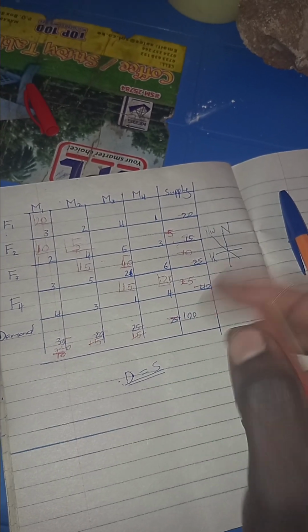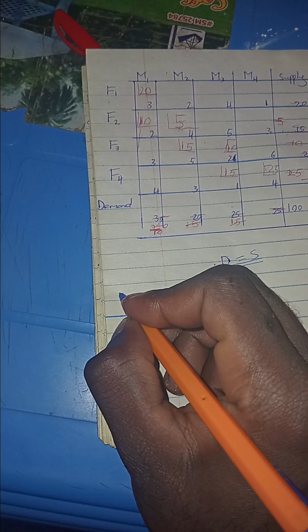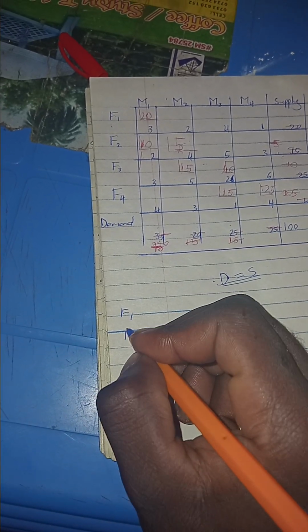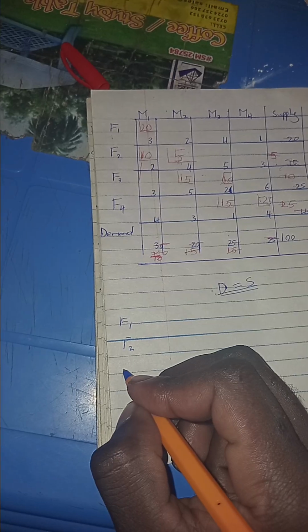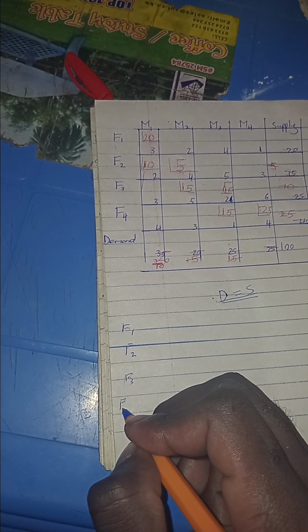Now, after that, we come here and draw our allotment table where we have factory 1, we have factory 2, we have factory 3, we have factory 4.